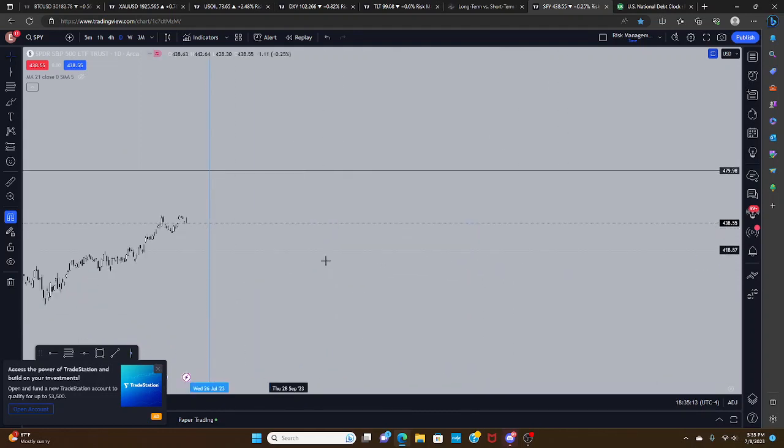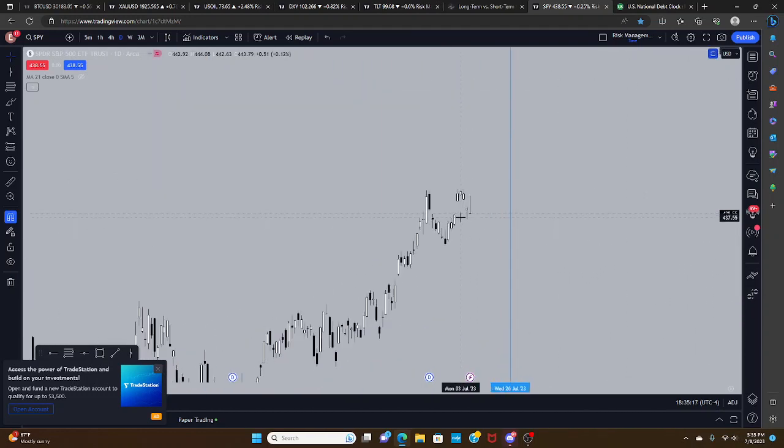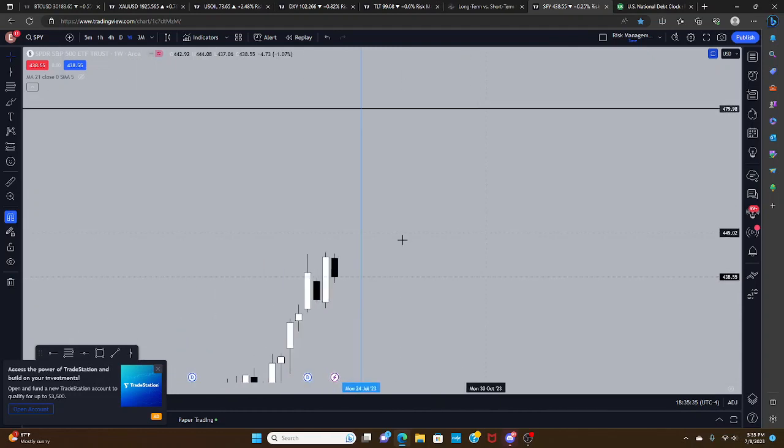So I think you could say with reasonable certainty that if the CPI numbers come in pretty low Wednesday of next week relative to expectation, and my theory does play out, then you'll probably take out these local highs.